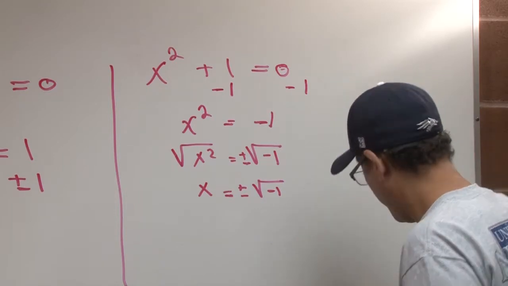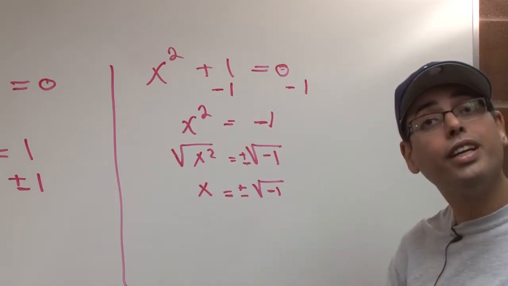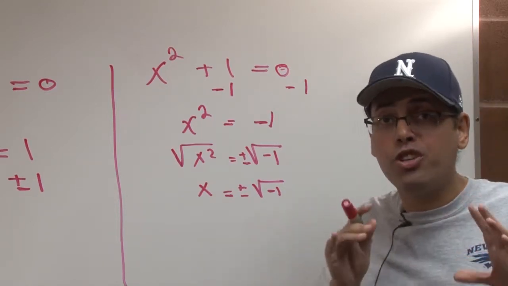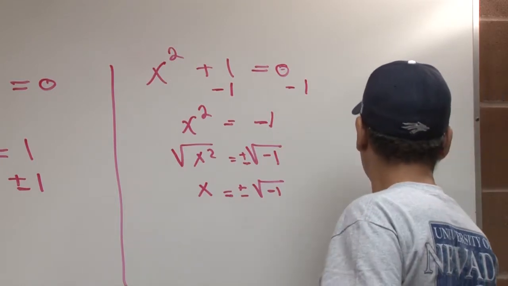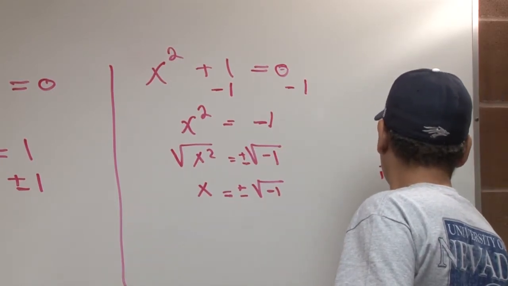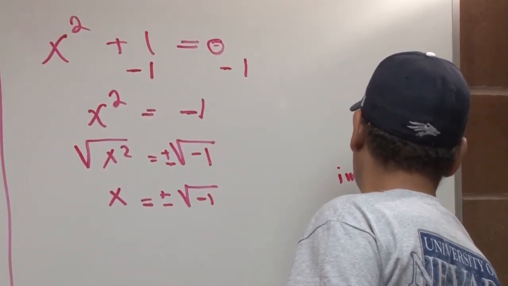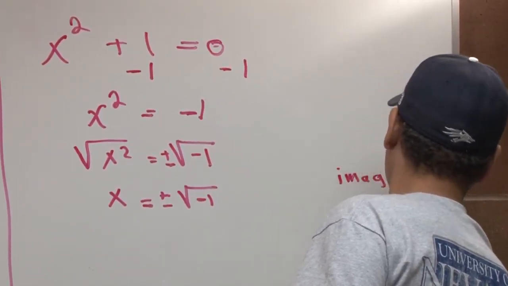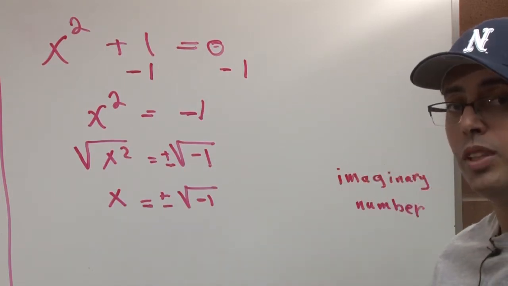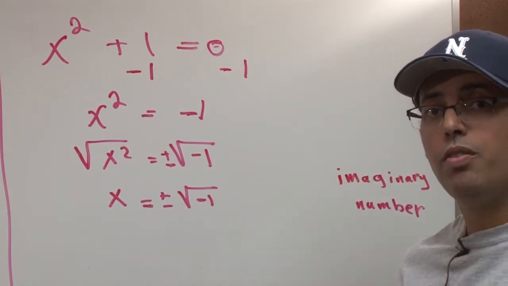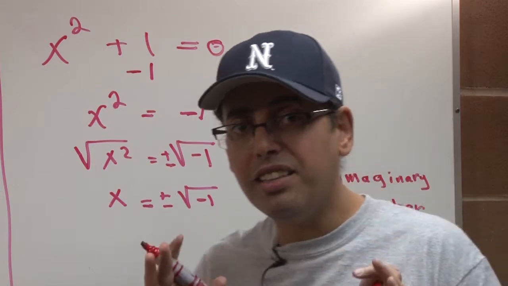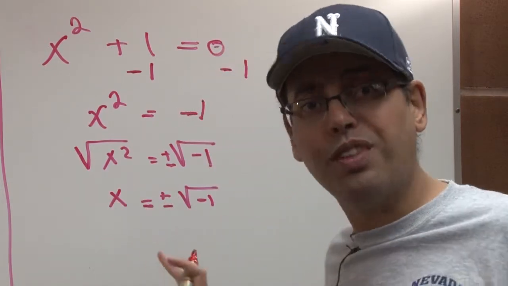So they called the square root of negative 1 an imaginary number. And now they found a solution, or at least a definition for this number.